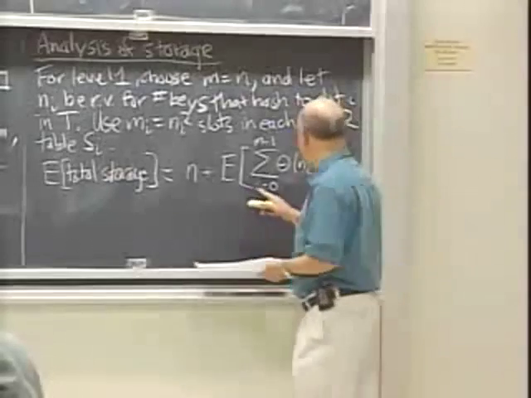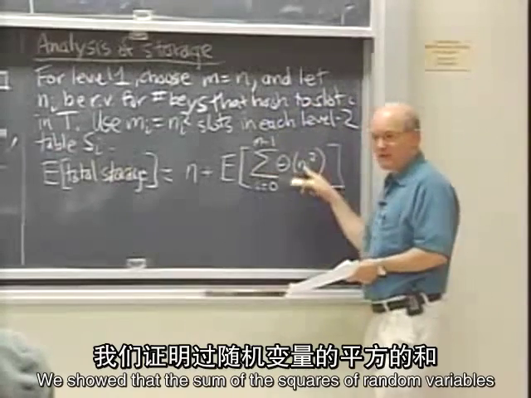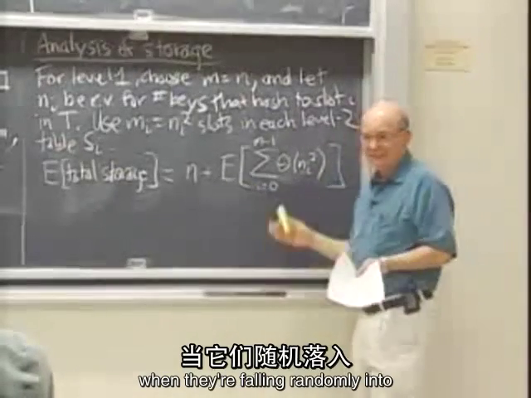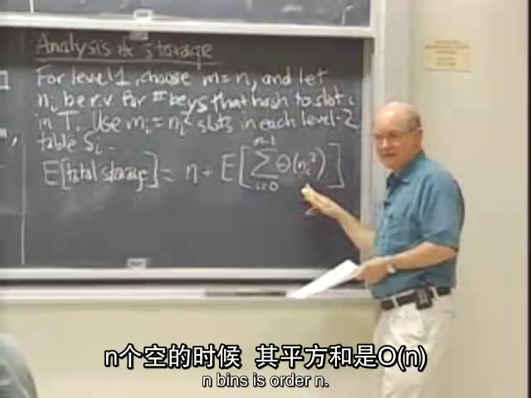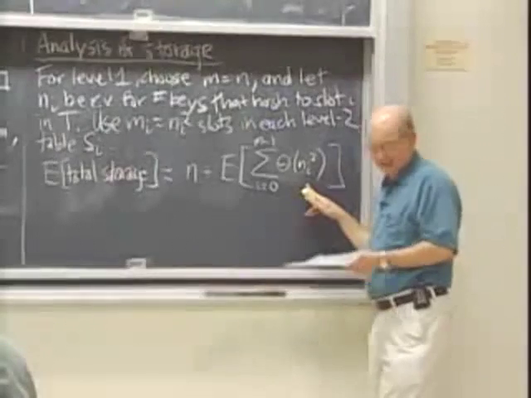Yeah. And what did we show about the... We showed that the sum of the squares of random variables when they're falling randomly into n bins is order n. Right?